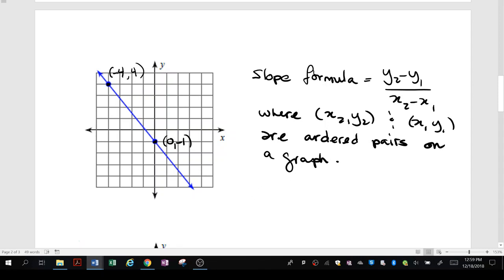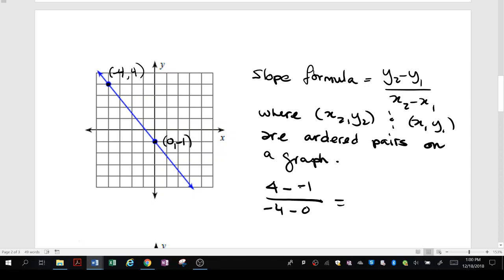So let's take this as our (x2, y2) and (x1, y1). So our y2 value is 4, and our y1 value is -1. Now our x2, we have to come back up to this value, is -4 minus 0.